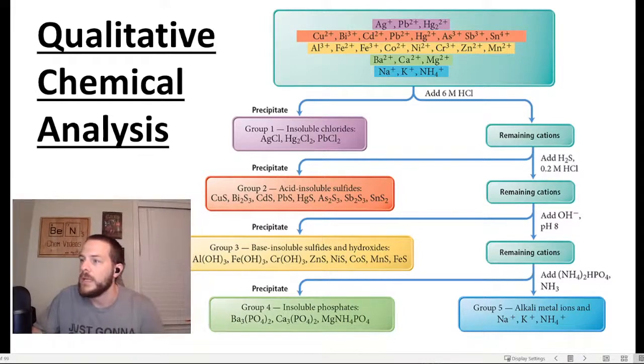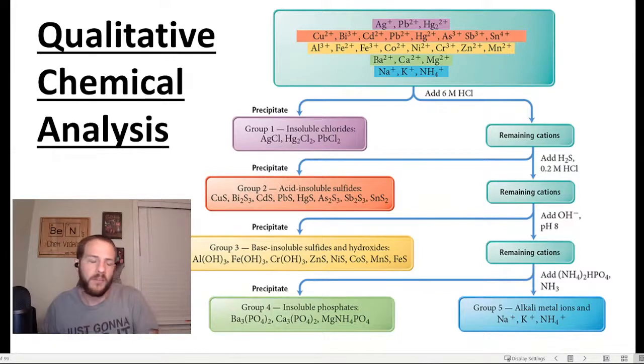And so I've got this big flow chart here, which I will attempt to explain. This is basically a scheme in which selective precipitation is used to determine what type of metal cations are present in a solution that has a large mixture of various different cations.